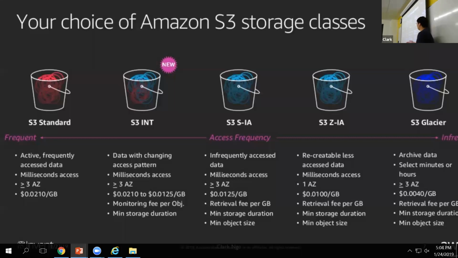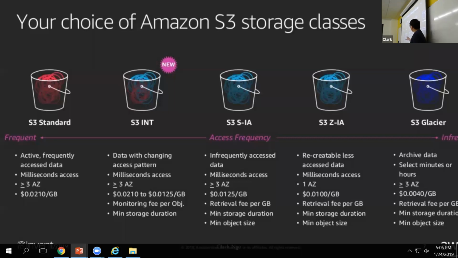And definitely the costing is way cheaper. If you compare, this is 0.02 per gigabyte, and this one can go down to 0.0125. This one is Standard at 0.0125 per gigabyte, cheaper at 0.01 per gigabyte. And this one is the cheapest at 0.004 per gigabyte, and the archive could be cheaper.